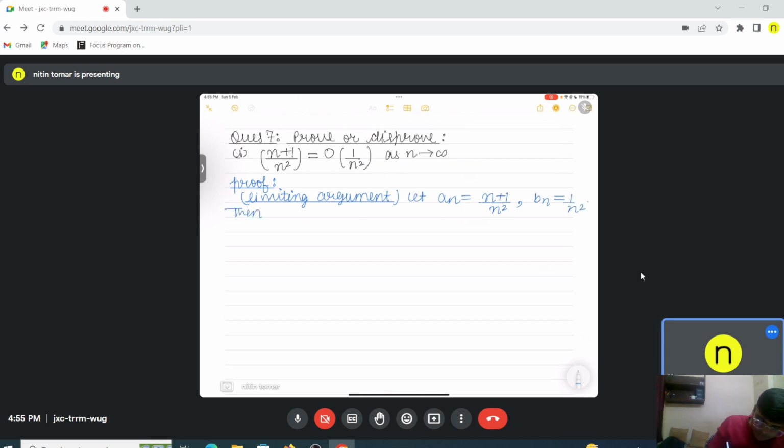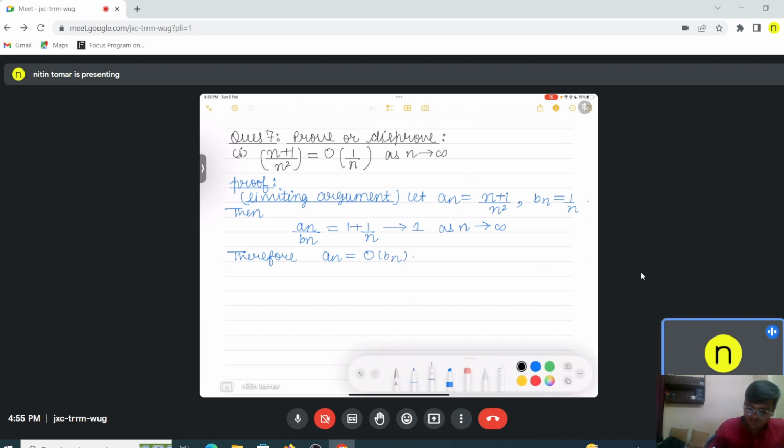Then an by bn will be, oh sorry, this is 1 by n, yes, sorry. So this will be 1 plus 1 by n, which goes to 1 as n goes to infinity. So the limit exists. Therefore an has the same order, capital O, as bn.